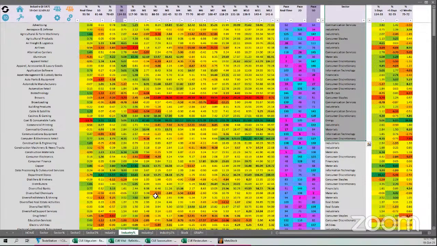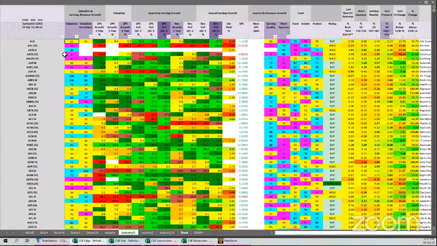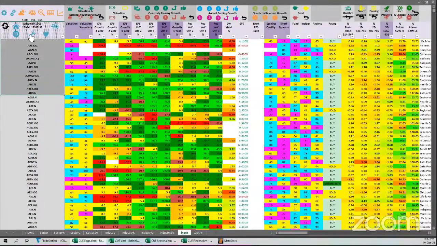Now let's look at the stock scorecard. We have all the stocks, 1,505 stocks currently in QH based on S&P 1500, and this number is showing total 1505, how many up, how many down.